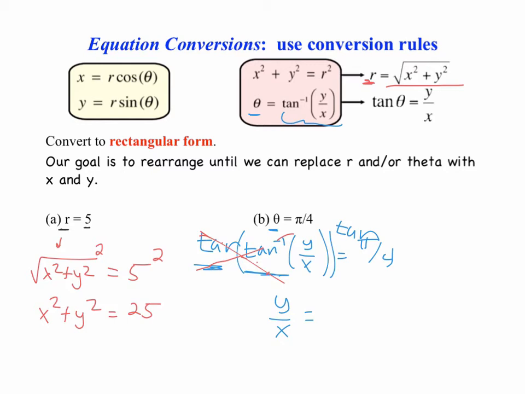On the right, I end up with the tangent of pi over 4, but that's a unit circle value. So I end up with y over x equals the tangent of pi over 4 is root 2 over 2 divided by root 2 over 2, but that's just 1. The tangent of pi over 4 is just 1. And then I'm done.